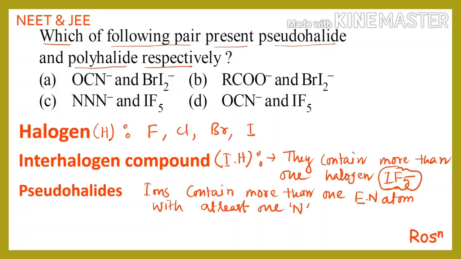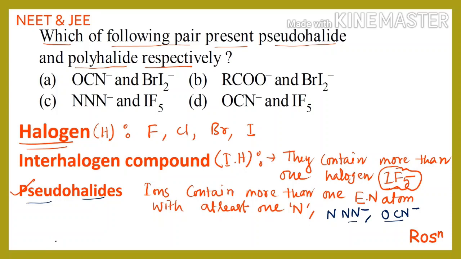Clear? And it acts as a halogen, so they are known as the pseudohalide ion. Example, N3 minus, it contains nitrogen. OCN minus, it contains nitrogen, so they are the pseudohalides. Clear? Okay.